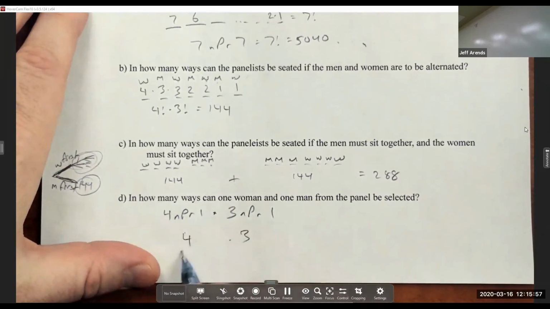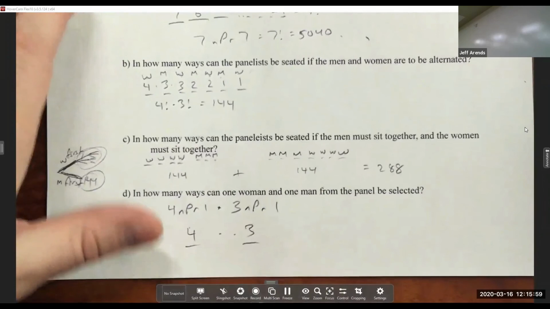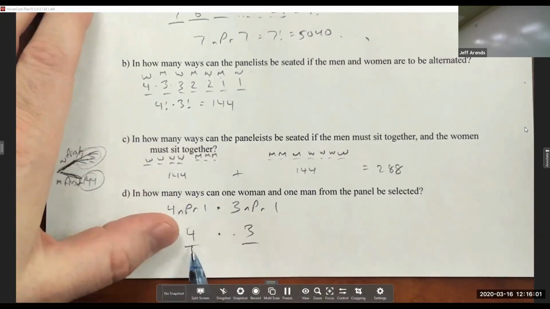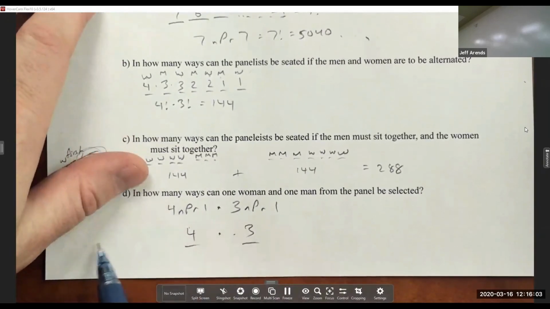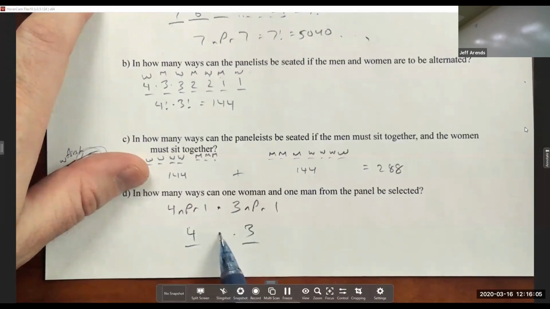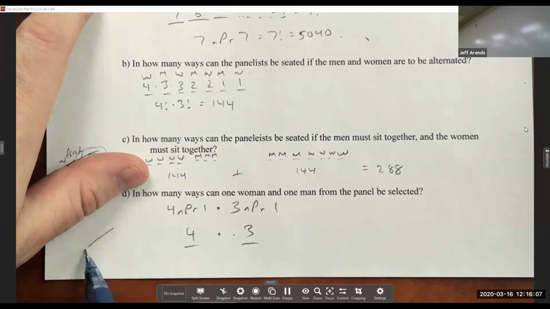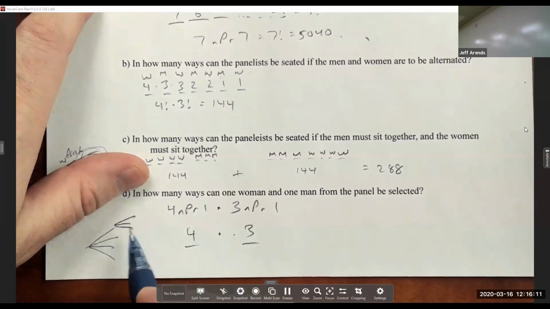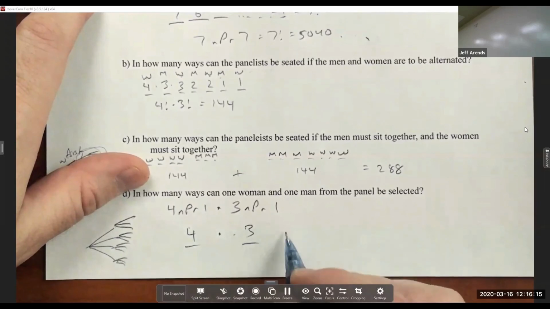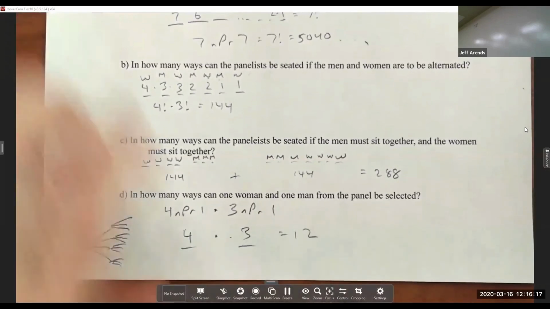It's just 4 times 3, really. We multiply instead of adding because for each of the 4 ways I could pick a woman, there are then 3 different ways I could pick the man. And so we end up with a total of 12 different ways to pick 1 woman and 1 man from the panel.